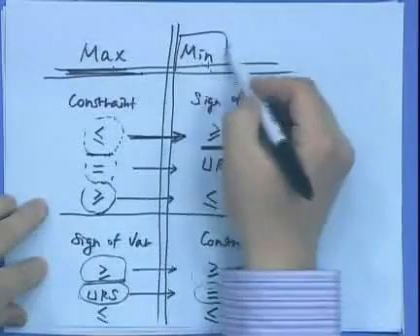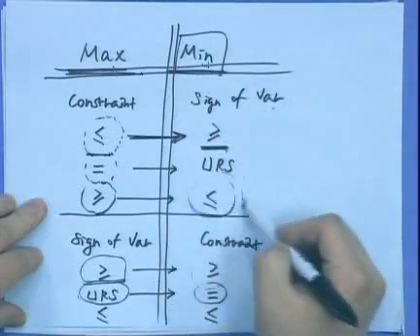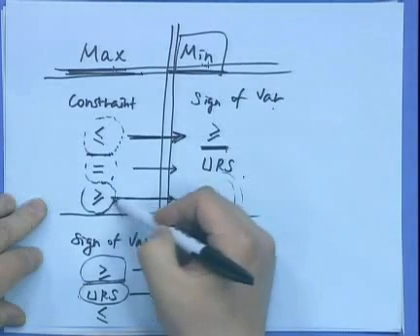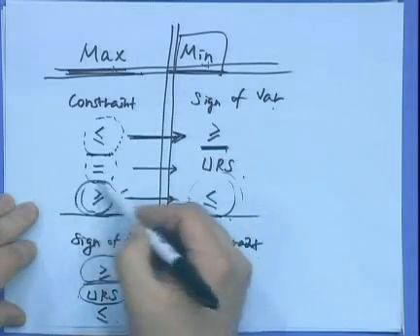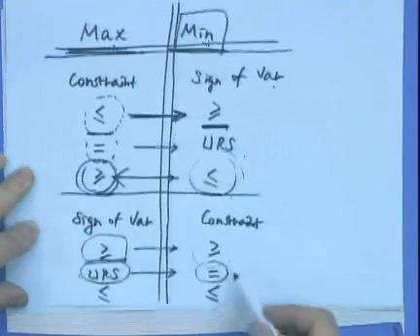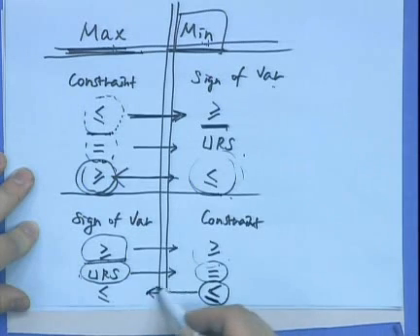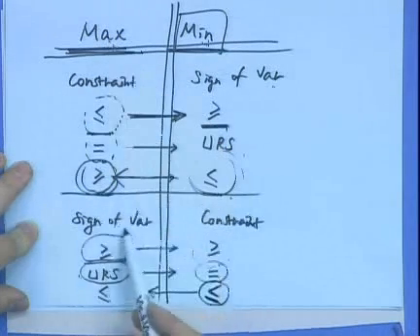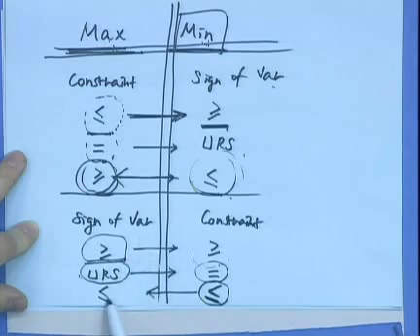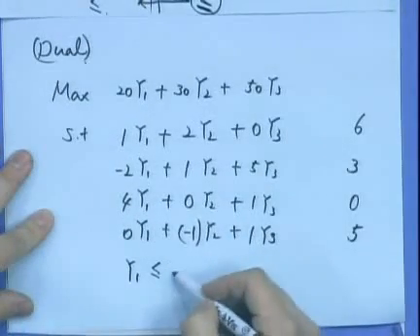Which means in the maximization problem, the first decision variable must be less than or equal to 0. So the y1 variable is less than or equal to 0.